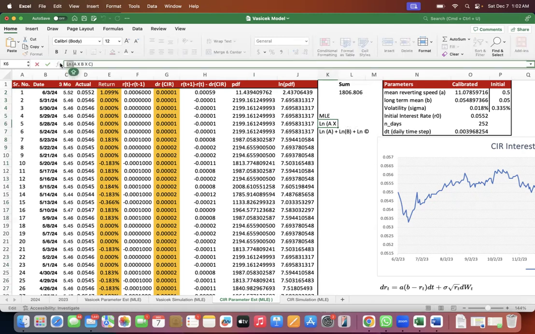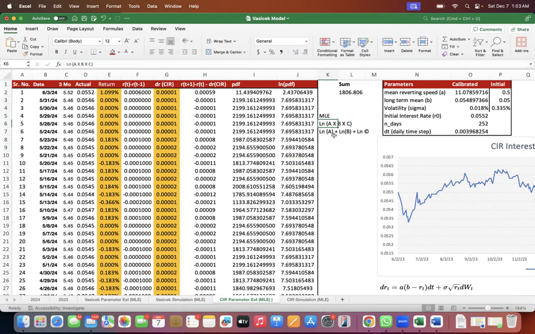What we are saying is let's take the log of a times b times c, which is log of a plus log of b plus log of c. That's why we add all the components: if it was just the PDF, we would have multiplied each component, but because we have taken the log, we add them because of the mathematical property. That's how we calibrate the parameters using MLE, such that we maximize this value. I hope that is clear to everyone.